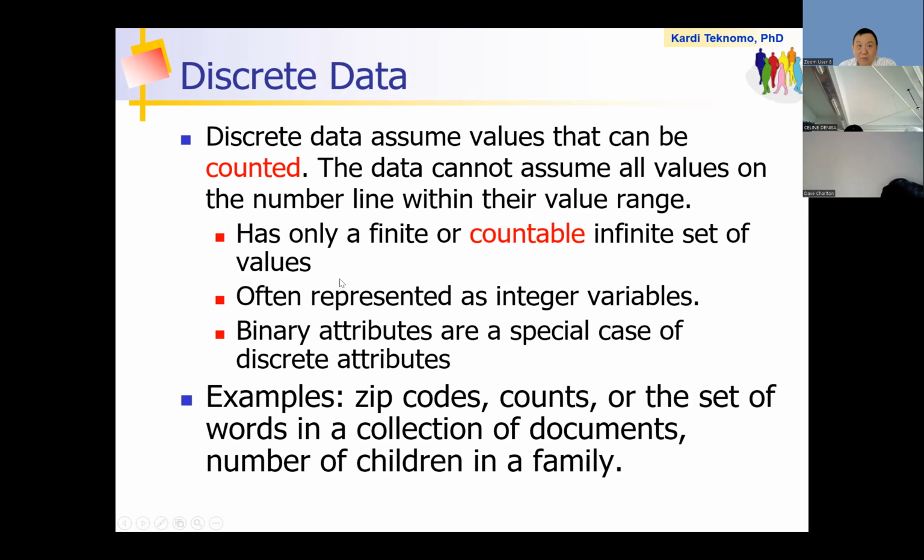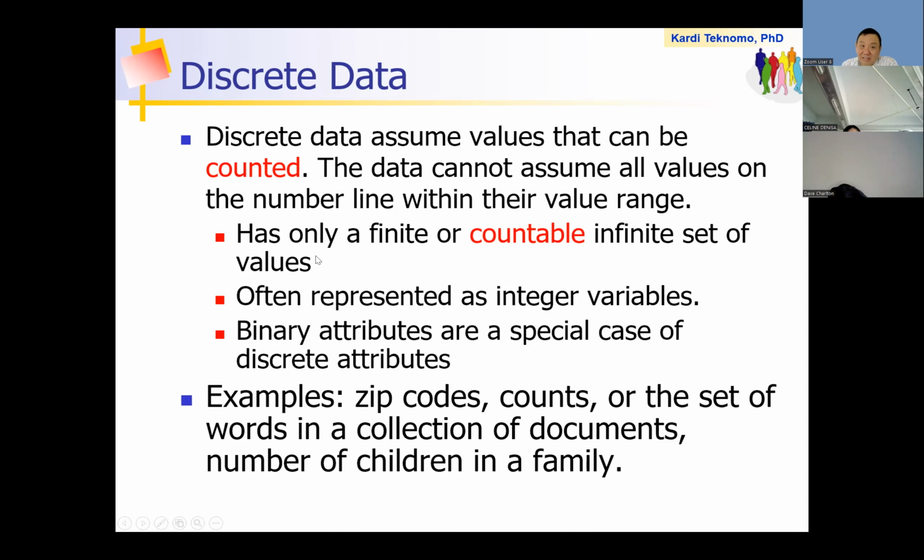Discrete data assume values that can be counted, for example zip code. The counts themselves are discrete, right? The total is discrete.